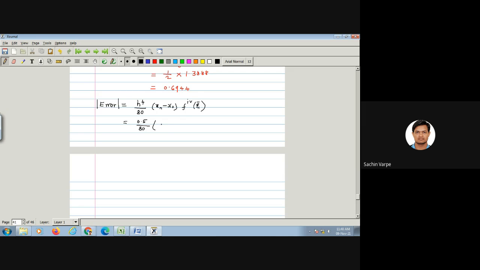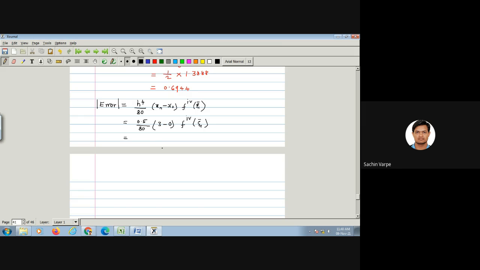Xn, what is xn? 0 to 3, na? So x naught is 0 and xn is 3. So 3 minus 0 into fourth derivative of function at zeta bar. Just calculate it.